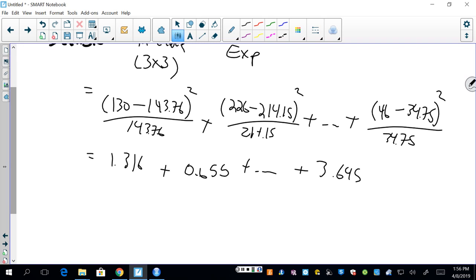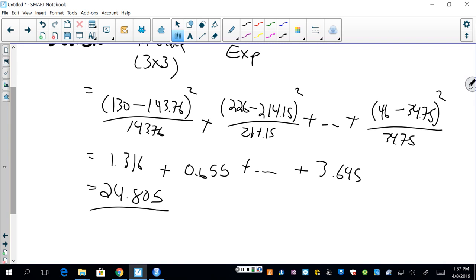No, it's a difference more like 11, almost 12. 11 squared is 121. 121 divided by 30 is a little more than 3. So that's a contribution there. So this all adds up to a statistic value of 24.805. And that's our chi-square statistic value.